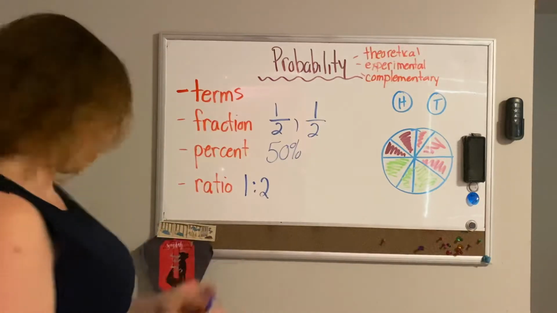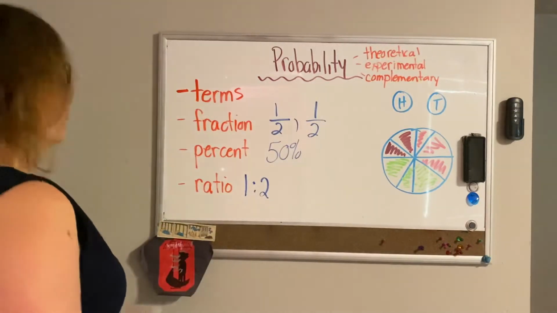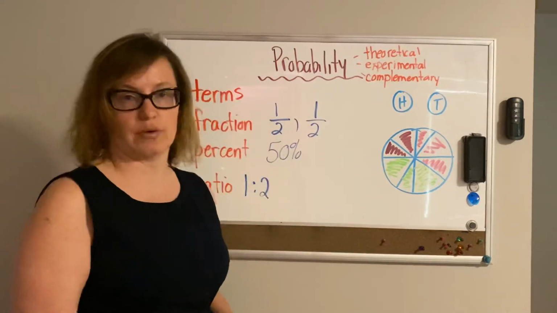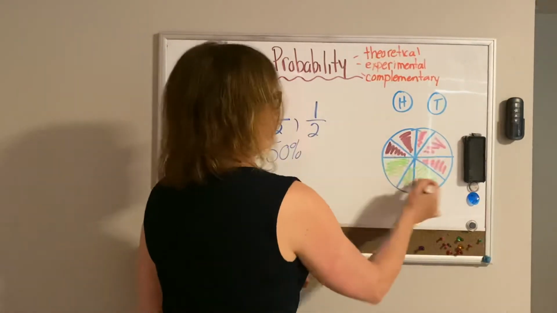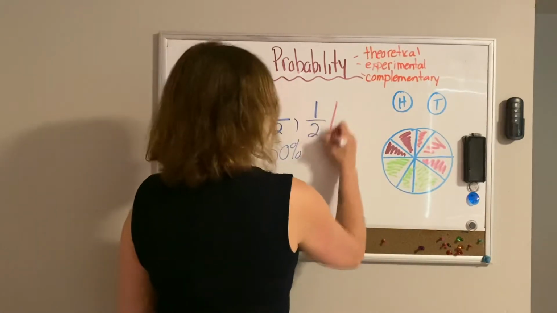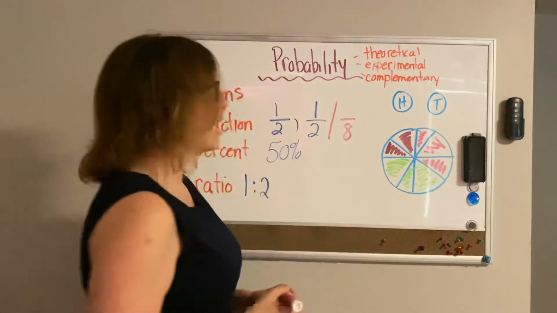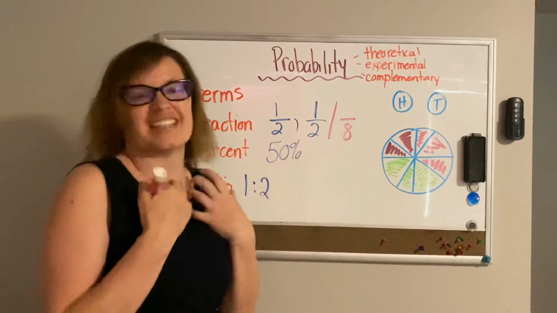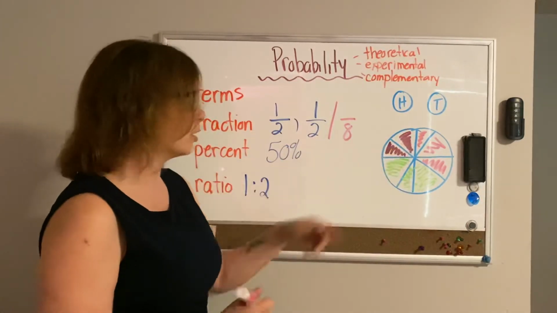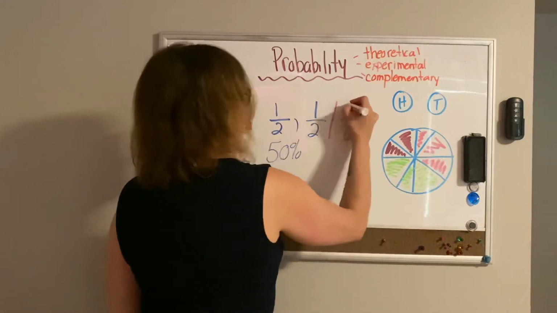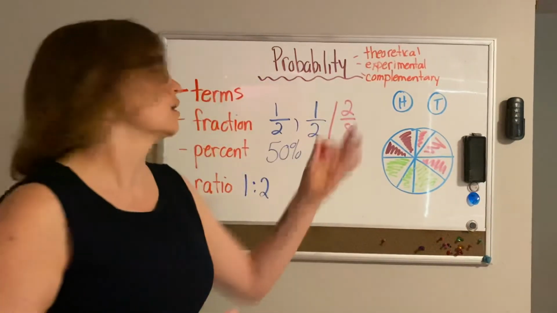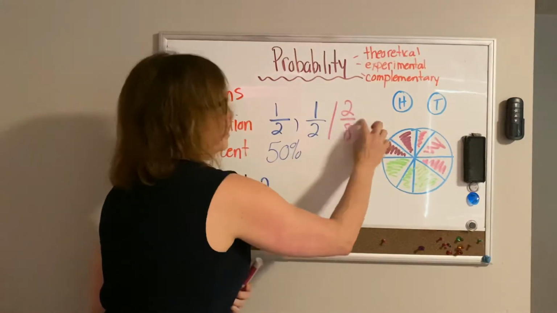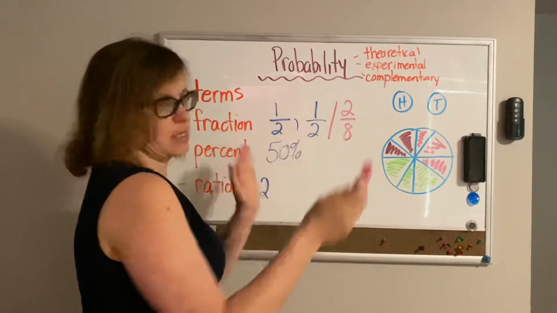Now we'll go to the fraction. So remember, for the fraction, the denominator is the total number of possible outcomes. So I know that I have 8 possible outcomes. So 8 becomes my denominator. And the numerator is the number of possibilities for my desired outcome. So I want to land on purple. So of the 8, I have 2 chances. I could lower that to the lowest fraction, which would be 1/4, and would represent the same thing.